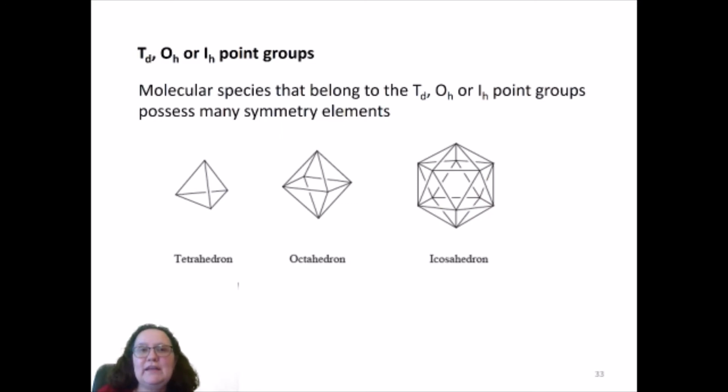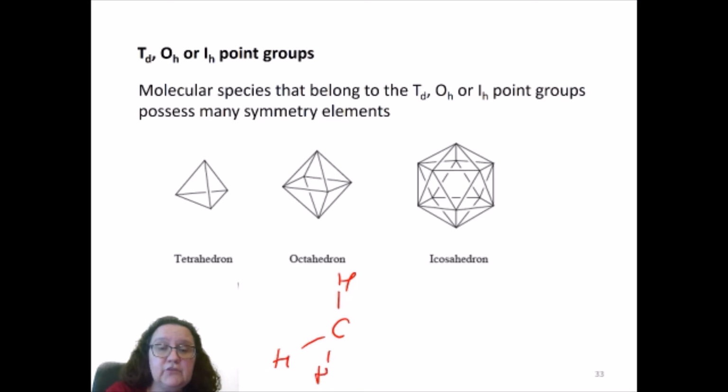Td, Oh, and Ih point groups. These are highly symmetrical molecules. They are point groups that possess many symmetry elements. The typical example of a tetrahedral molecule that belongs to a Td point group is, for example, the molecule of methane.